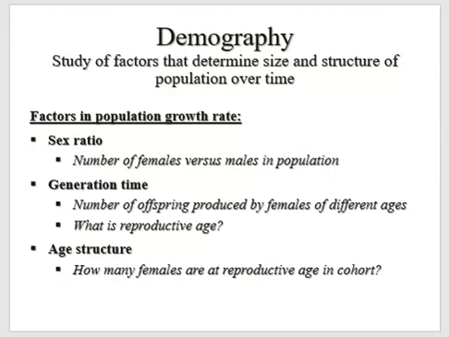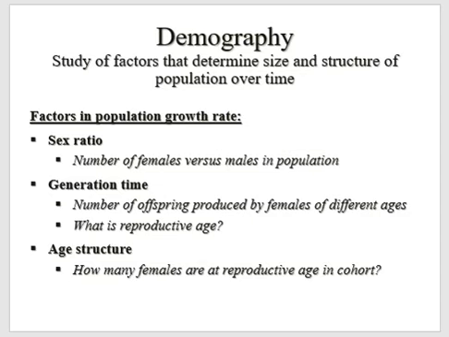most of the information that I just talked about, but also sex ratio, right? So what's the relative number of females versus males in a population? Going back to that aspect of generation time, right?